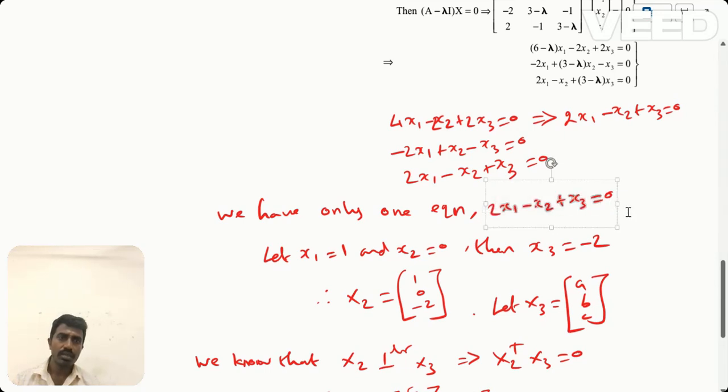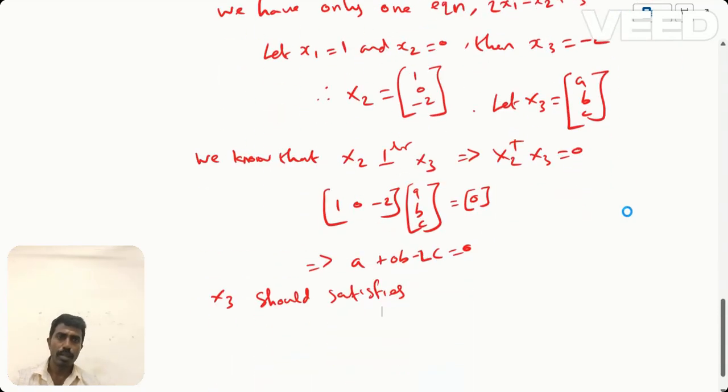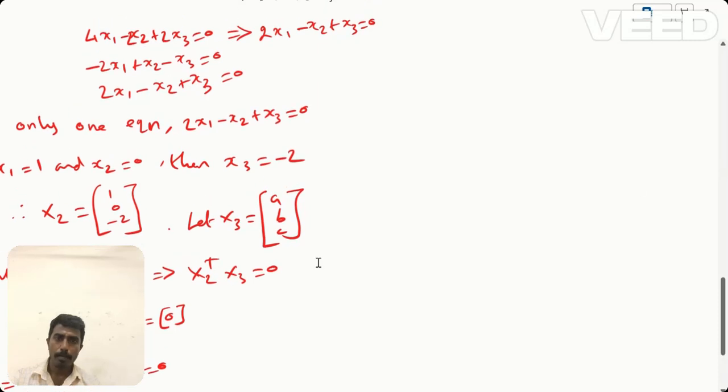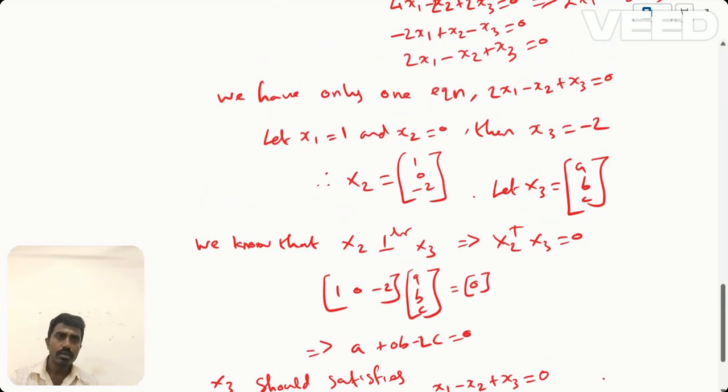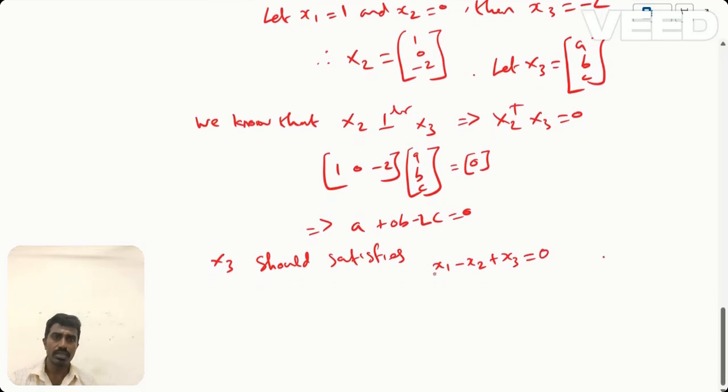So that means it should satisfy this equation. x3 should satisfy this equation. Am I right? 2x1 minus x2 plus x3. So if you substitute ABC for x1, x2, x3, then what do we get? 2a minus b plus c equal to 0.